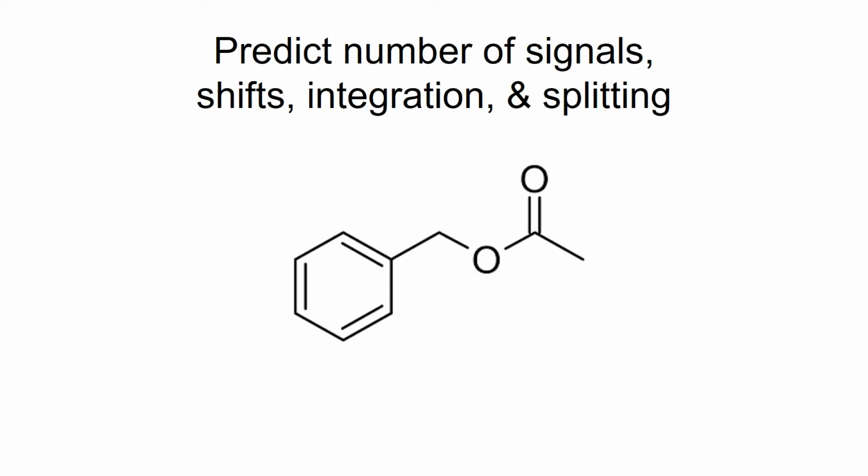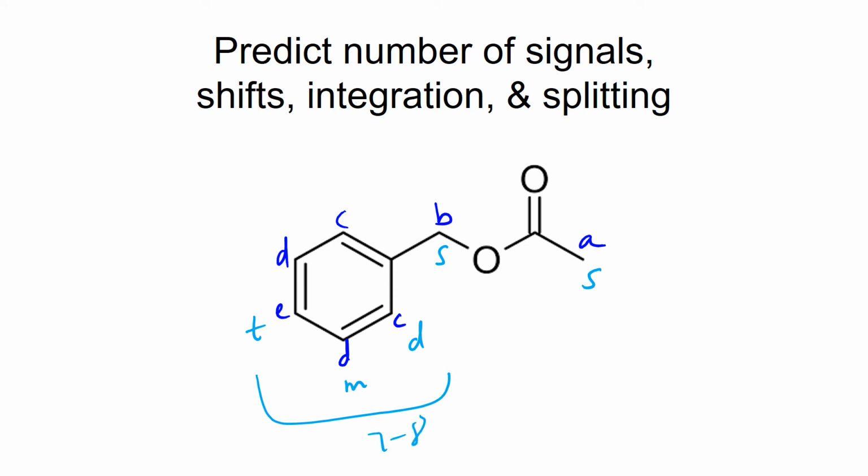Let's do one more. We have A, B, C, D, and E. We're going to have singlet, singlet, doublet, multiplet, triplet. And we know that these should be between 7 and 8. It should be fairly easy to tell because of the integration values.